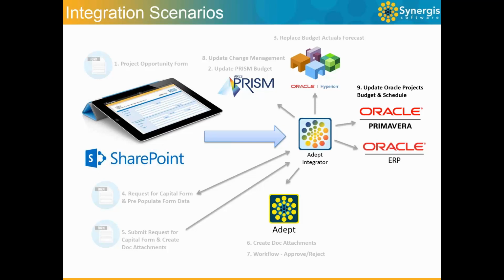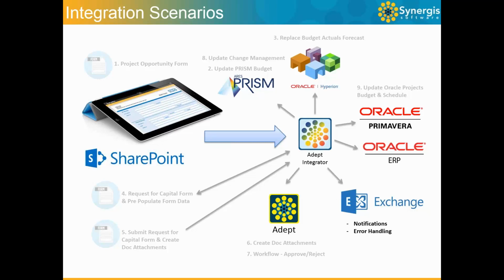So what we're finding here is an entire instrument of orchestration happening between 4 or 5 different systems through a capital process, and the heart of that system being Adept and the workflow components of Adept.